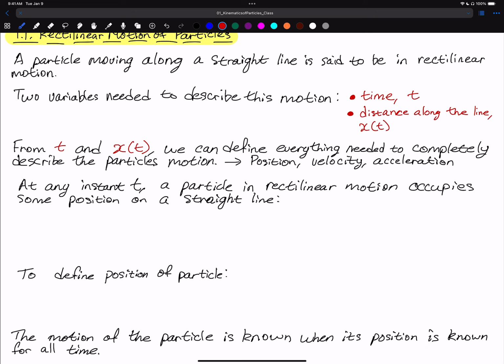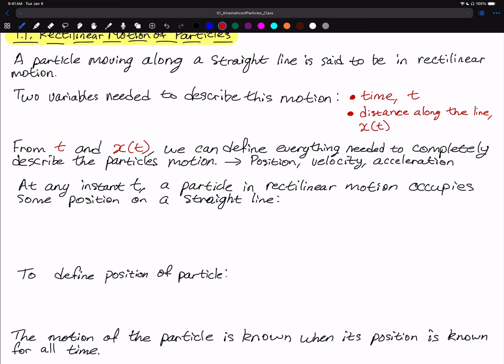So x is the distance or the displacement across that line, and it is a function of time. And from having time t and x of t, we can define everything needed to completely describe the motion of that particle, which includes the position, the velocity, and the acceleration.